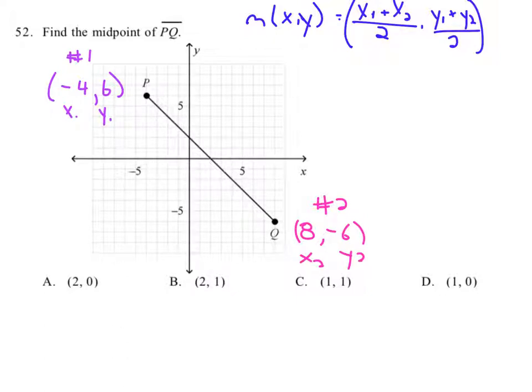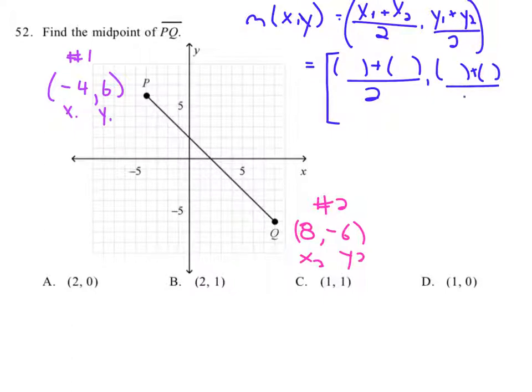Now, if we plug in those values, we put parentheses for each coordinate: the x coordinates over 2, comma, the y coordinates over 2. For x1 we've got -4, and for x2 we've got 8.